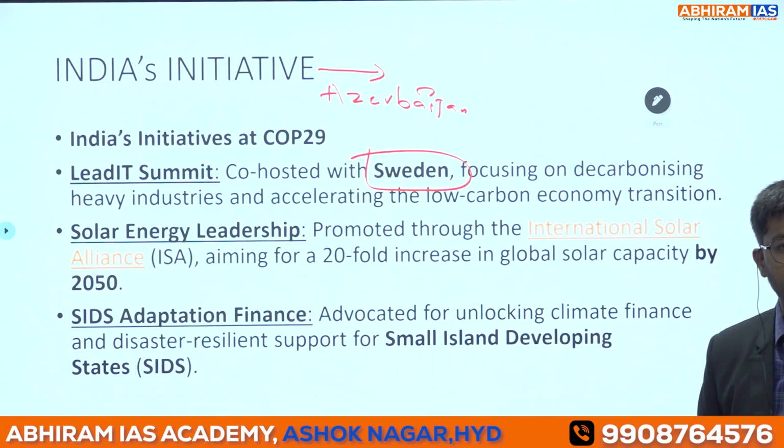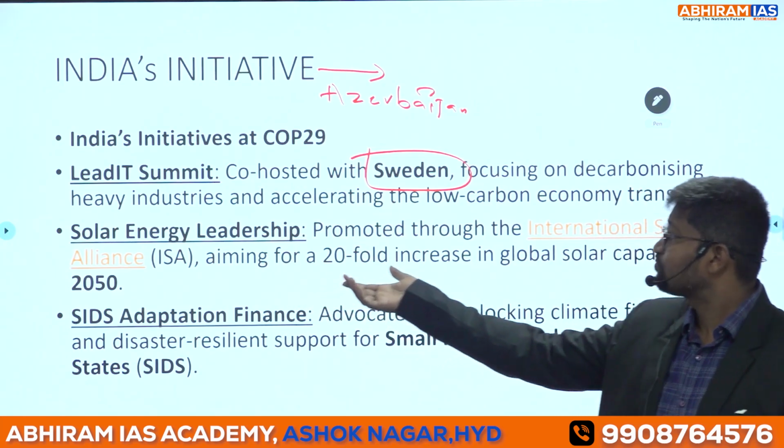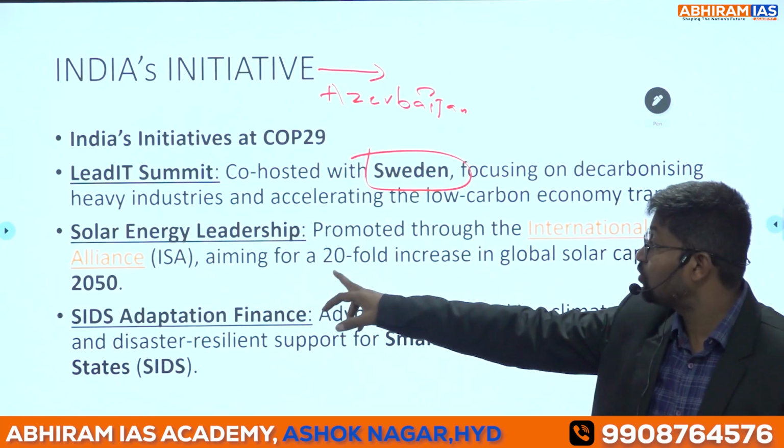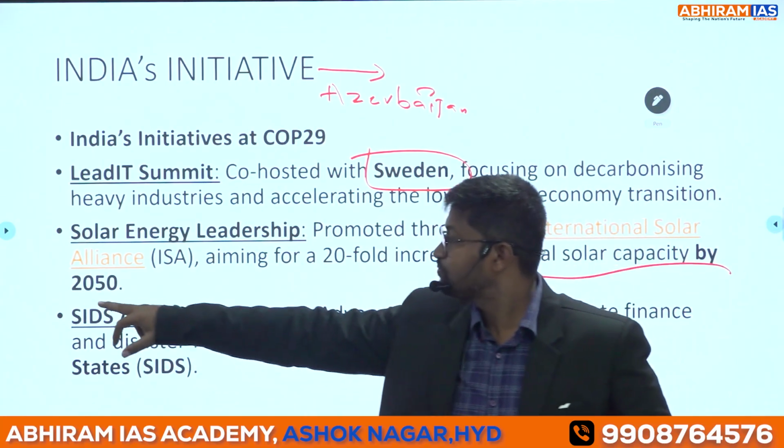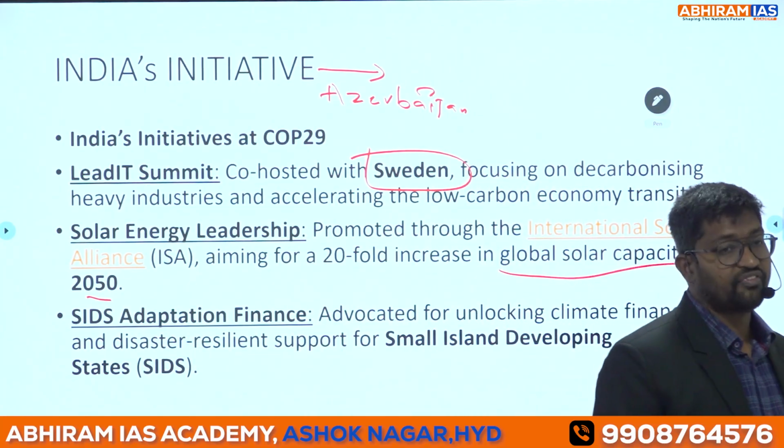Next, solar energy leadership promoted through the International Solar Alliance. Already we see we are trying to promote the International Solar Alliance, aiming for a 20-fold increase in global solar capacity by 2050.